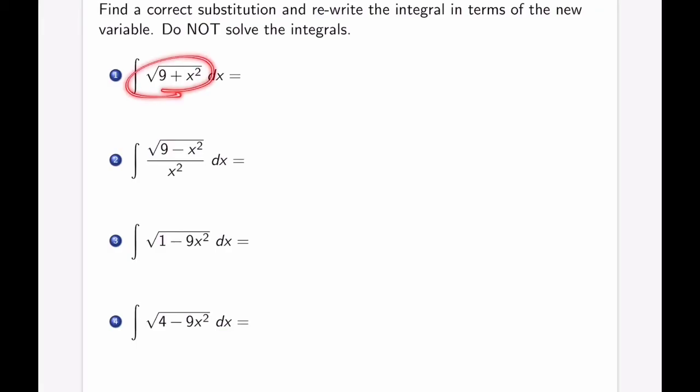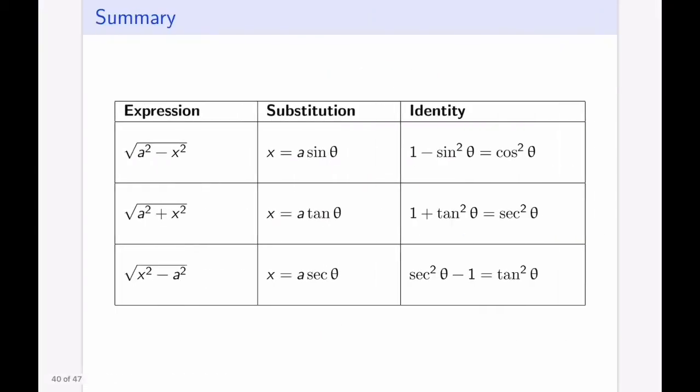So this first one here, I have a number plus x squared. So this immediately suggests that I'm in this situation here. And the one thing to watch out for is the substitutions are always given with a constant a, where the number that I have under the square root is actually a squared.